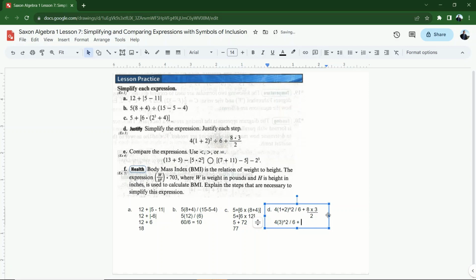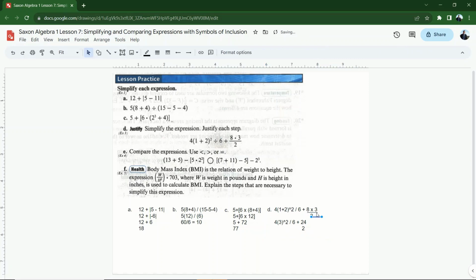I'm also going to simplify on top of the fraction bar because remember the long fraction bar acts as an inclusion symbol. So I know I have to do whatever operations are on top and on bottom of the fraction bar first. 8 times 3 is 24, and that's going to be 24 over 2. I'm just going to still write this out like a fraction just because that's the right thing to do. So we'll just bring this down.